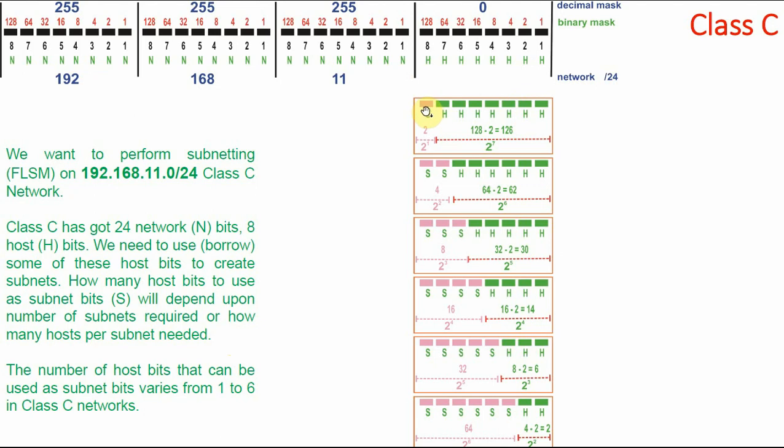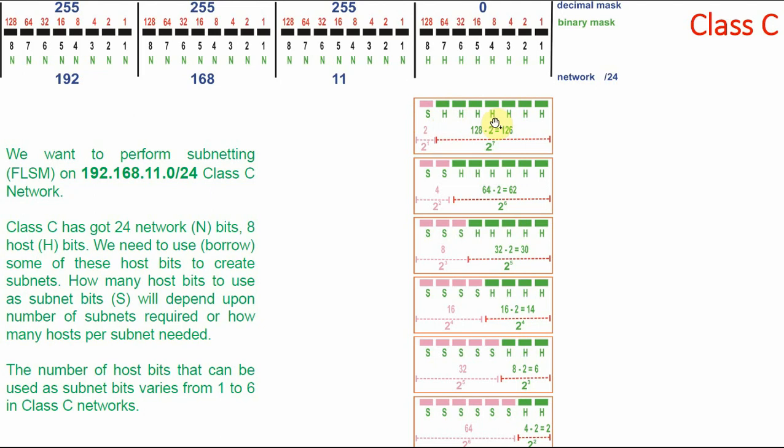In our case we have 8 host bits. Either we can use one as a subnet bit, and we denote this by s. Then how many bits will remain for the host? 7. And how many subnets are possible? 2 power 1, that means 2 subnets are possible if we borrow 1 bit, or use 1 bit of the host address as a subnet bit.